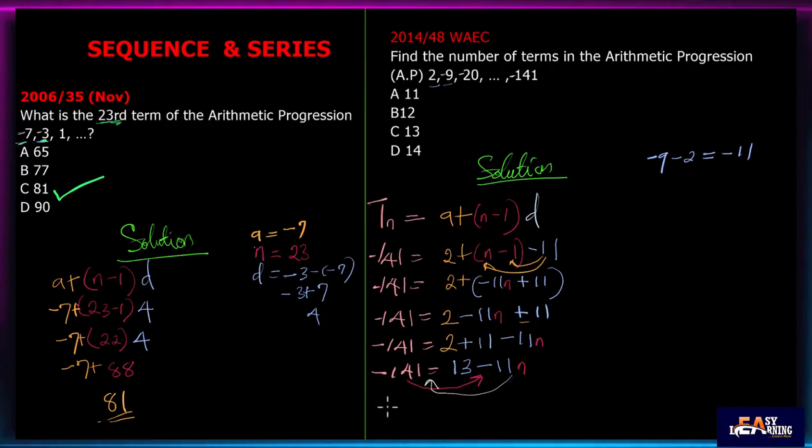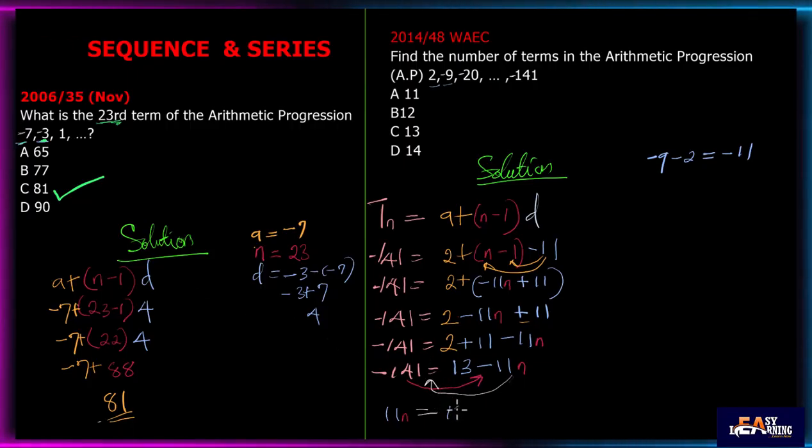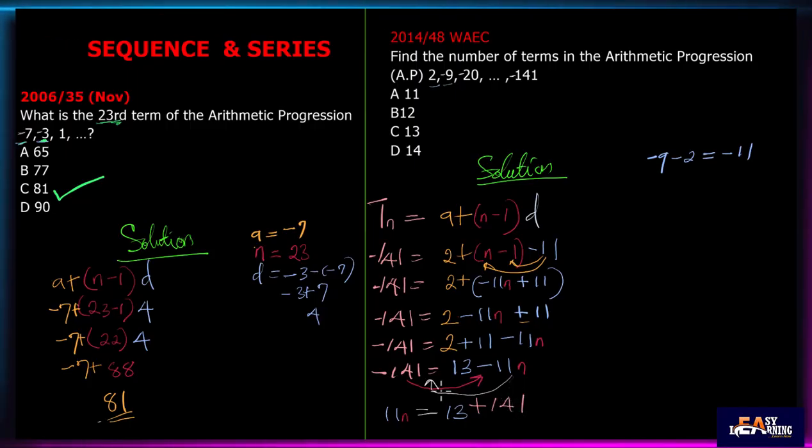When minus 11n crosses the sign, it becomes positive 11n. This will be equal to 13, which remains here, and minus 141 crosses and becomes plus 141.